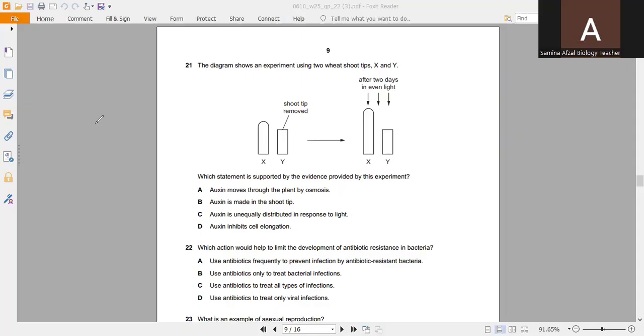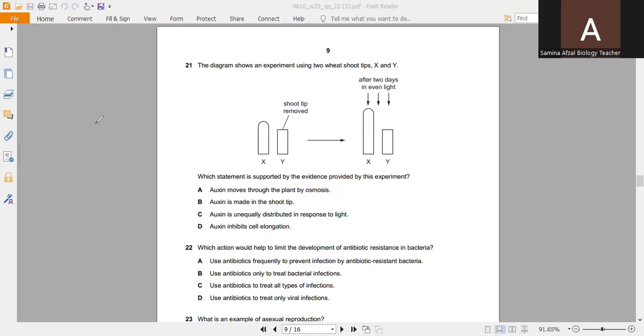In one, the shoot tip has been removed after 2 days in even light. You can see the growth of the X and the Y. So here in this case, the diagram shows an experiment using two wheat shoots. It has grown. Why has it grown? First of all, we will read these four options.